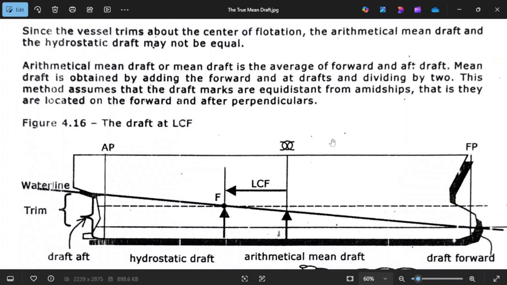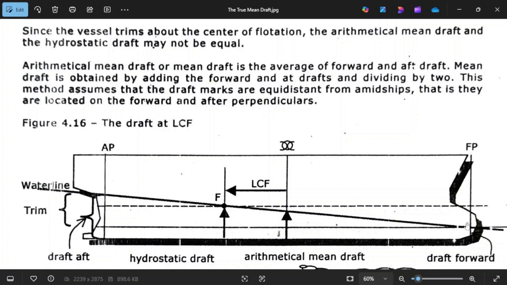Because you are trimmed by the stern, the center of flotation goes backwards. The distance between midship and the center of flotation is the longitudinal center of flotation, meaning a distance. When you say longitudinal, it means distance. So from here going up, this will be your center of flotation.